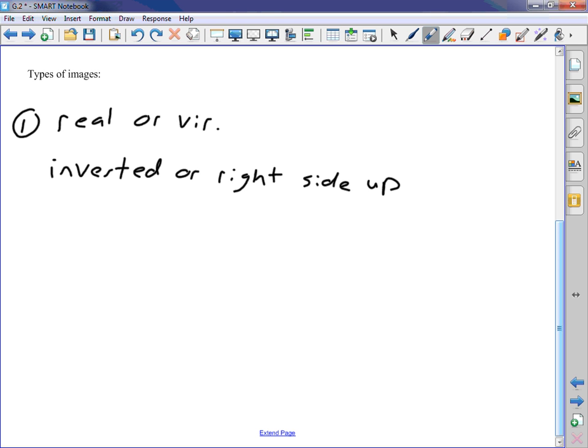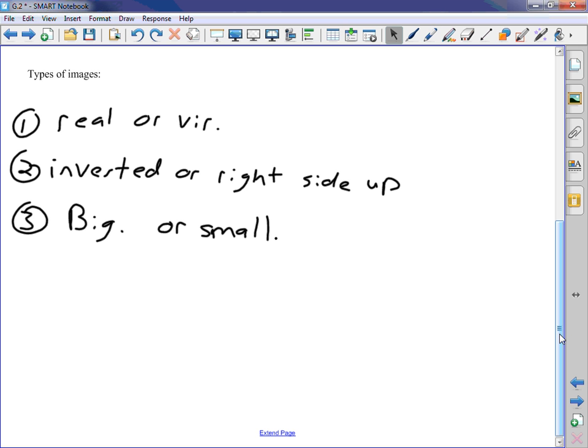So here's your first thing, here's your second thing, third thing. Bigger or smaller? Okay, so talk to me about, did it get bigger or did it shrink down because of the lens?